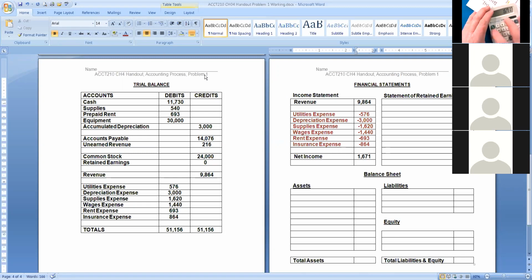I'm going to do that one again. Did you guys get that also? 1,671.98. Doing it again because if he has the wrong income, nothing else is going to be right. Yep. Okay. So this is their net income.